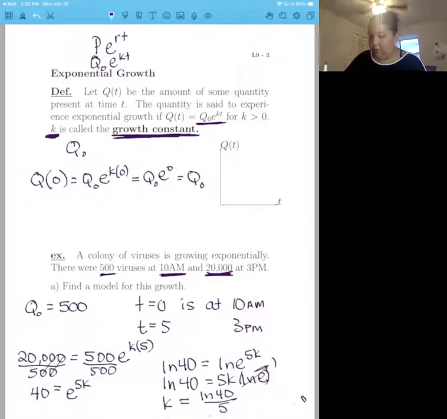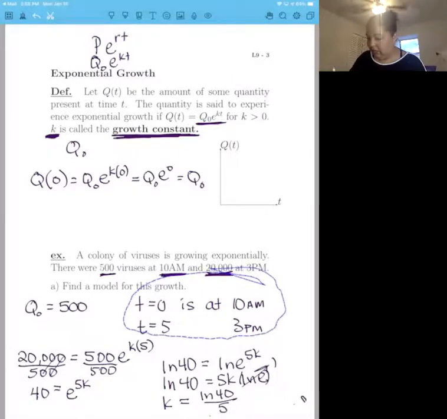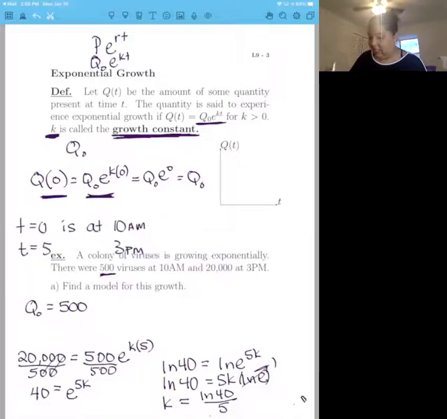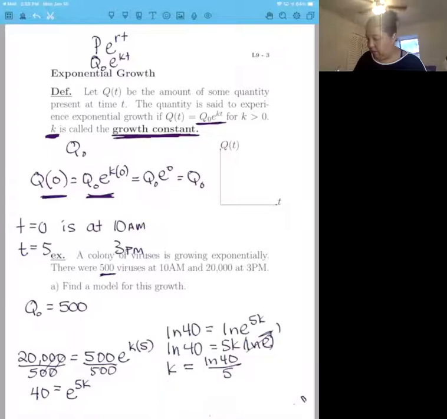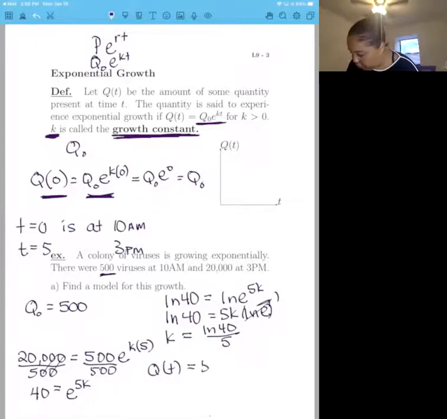And let's move this up here, and this up here. So now we can write our model because we have our Q naught and we have our K. So Q of T is equal to 500 e to the KT.